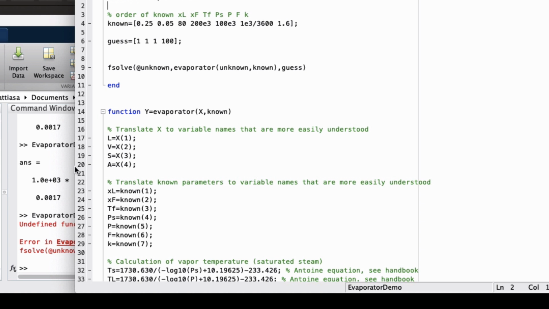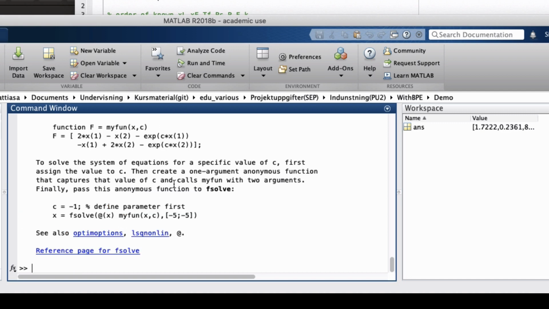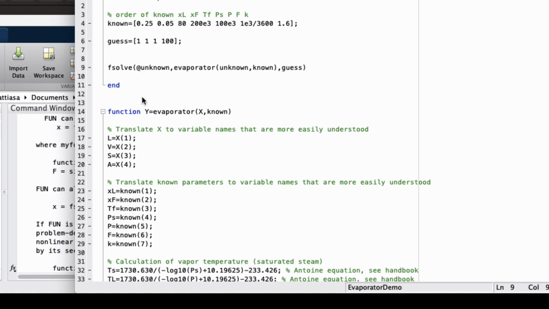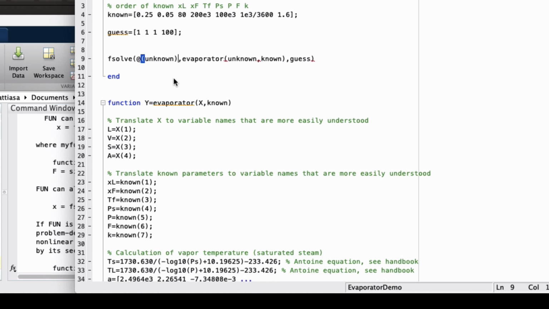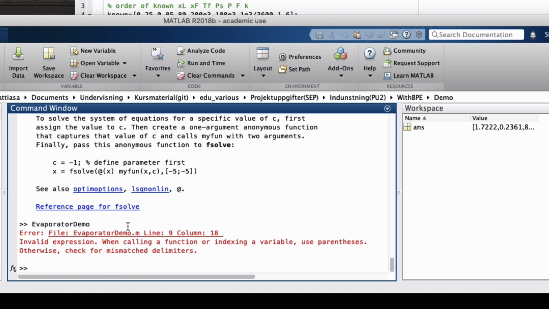So why is that? Well, that's a bit tricky to figure out. But as it happens, I've actually used the wrong syntax. Let's write help fsolve. If you see here, it should be a parenthesis there. Solve at, and then parenthesis, and then the thing in there. Okay, let's try that. Let's put the parenthesis in there, and let's go out here and try to run it.